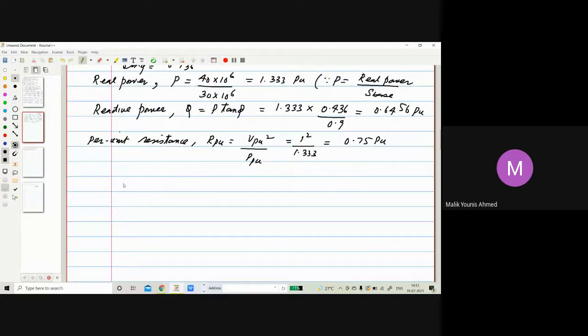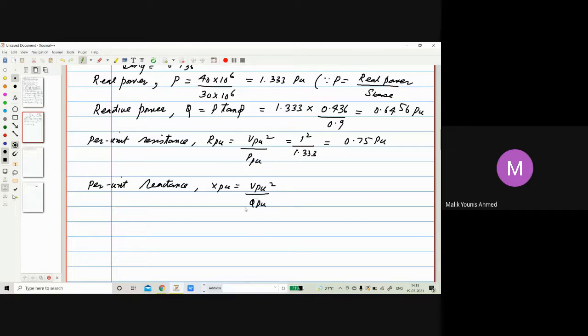Similarly, per unit reactance you can find. That is XPU. XPU can be similarly written as VPU square divided by QPU, because that is related to the reactive power.